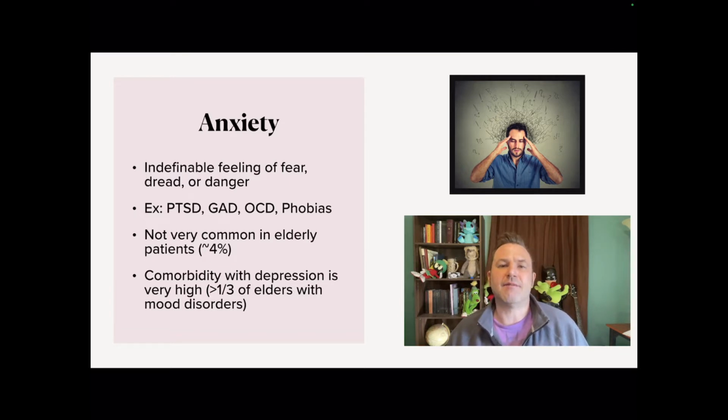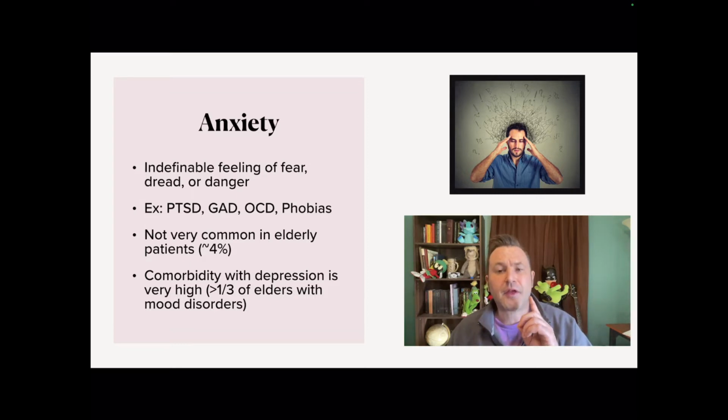Anxiety is, ironically, defined as an indefinable feeling of fear, dread, or danger. Examples of this are PTSD, generalized anxiety disorder, obsessive compulsive disorder, and phobias. It's not very common in elderly patients in and of itself. About 4% of the population has an anxiety disorder.